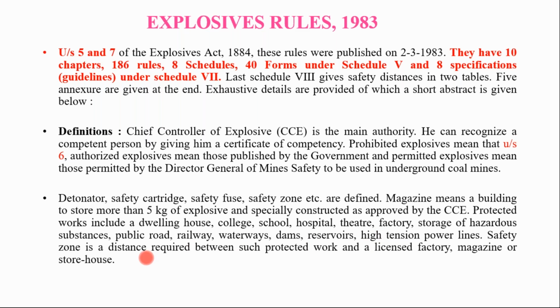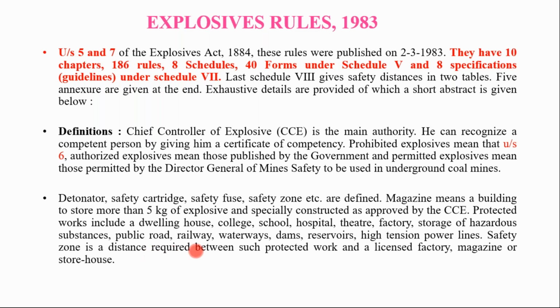Safety zone is the distance required between such protected works and a licensed factory, magazine, or storehouse. So before giving the license, before approving the application, the CCE or their representative will inspect the area where the applicant is going to store or manufacture the explosive, or import or export it.